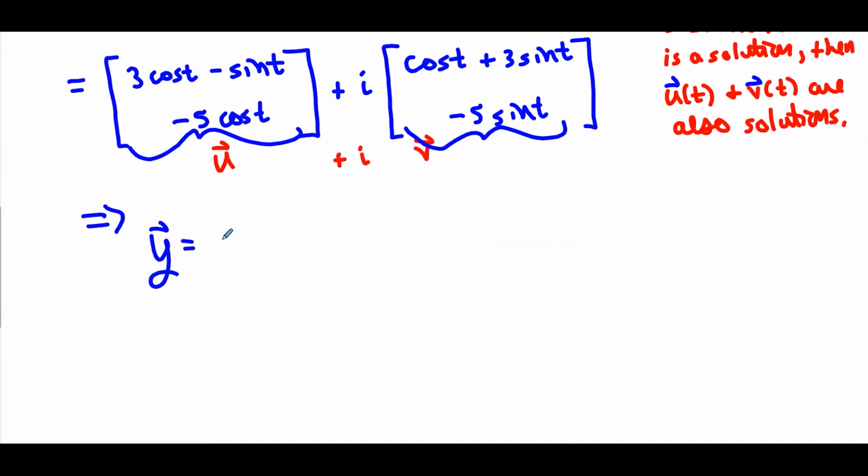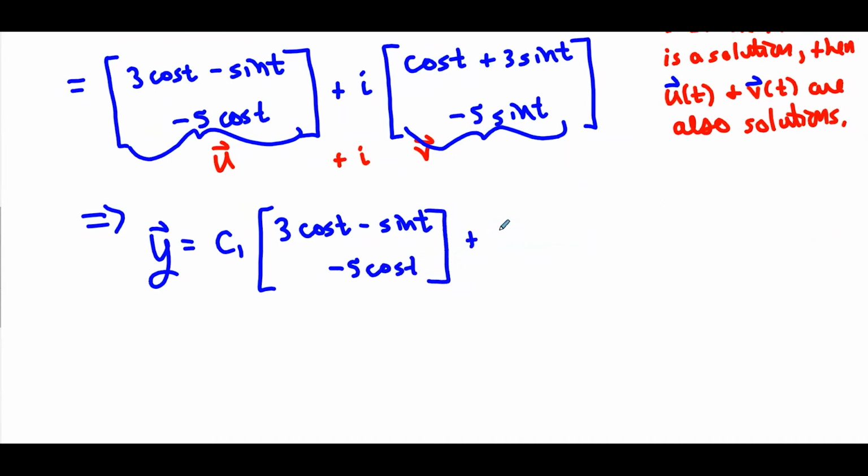So that means I can write my solution with just these two. So I can say y is C1 times this first vector, 3 cosine t minus sine t, minus 5 cosine t, plus C2 times the second vector, cosine t plus 3 sine t, minus 5 sine t, the second component.